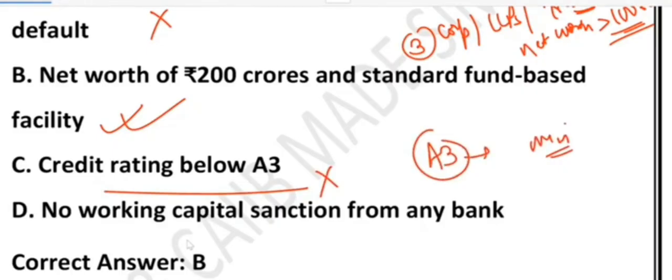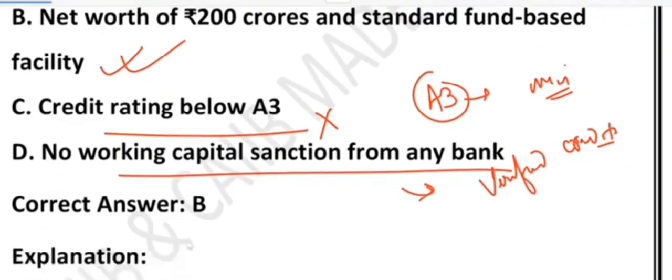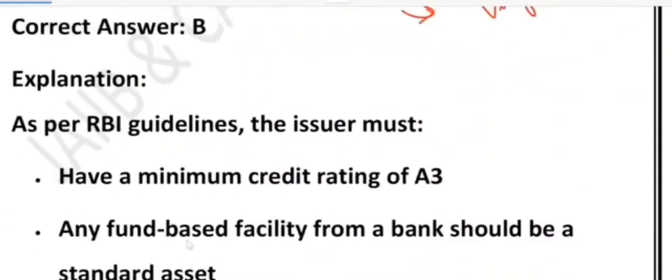And then we have option D, no working capital sanction from any bank. This means the company has no verified credit track record. So RBI wants the company to have an existing fund-based limit. It shows the bank has checked them, so this condition also fails. Let's summarize. CP is a short-term borrowing tool for financially sound companies.